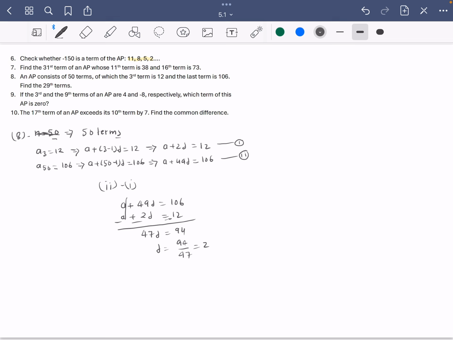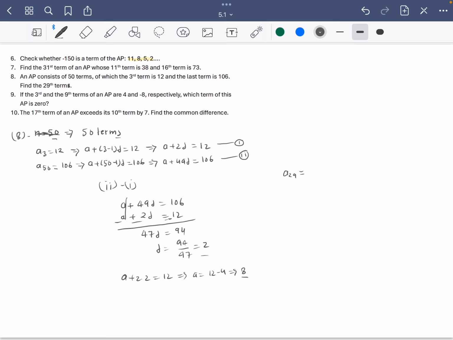Find the 29th term. So first we will find out a. I'll plug in this value in equation first. a plus 2 times 2 is 12. That means a is 12 minus 4, which is 8. Now I can find out the 29th term.